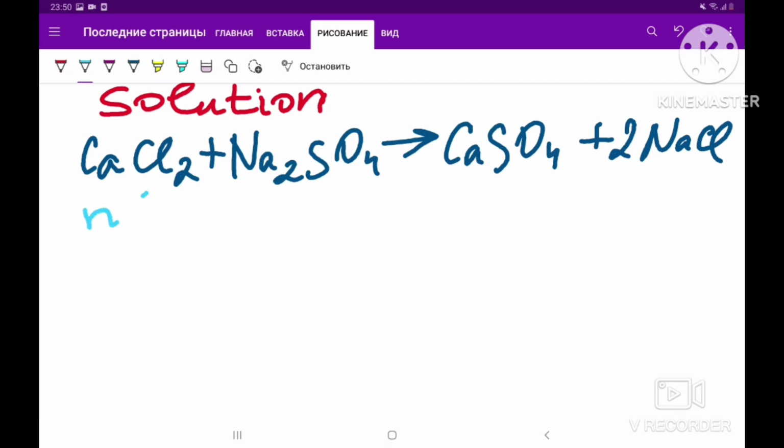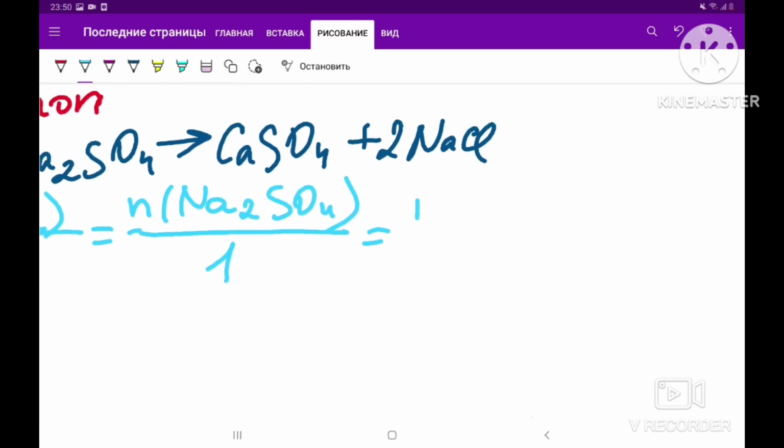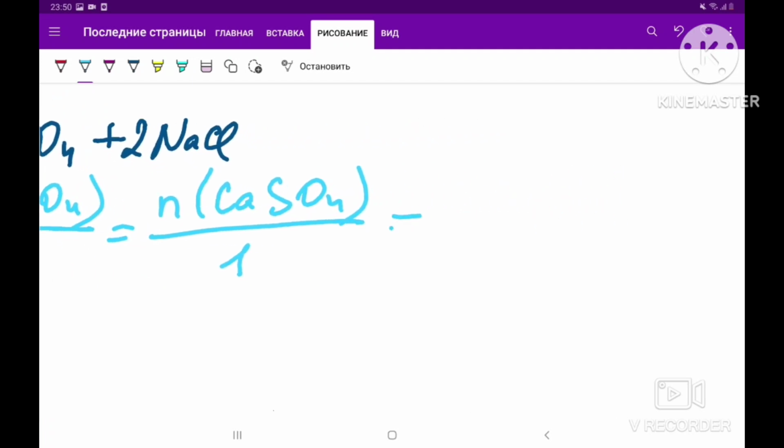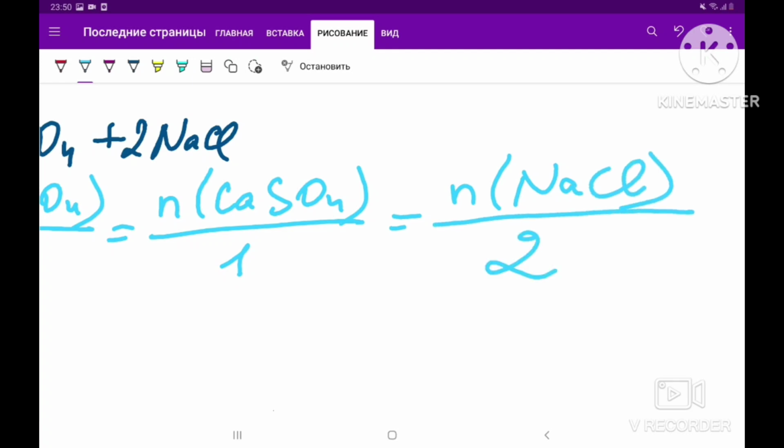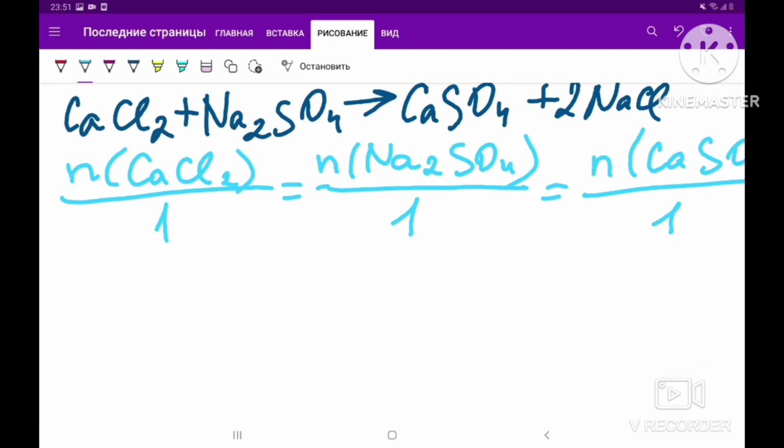Number of moles of calcium chloride divided by 1 equals number of moles of sodium sulfate divided by 1 equals number of moles of calcium sulfate divided by 1 equals number of moles of sodium chloride divided by 2.